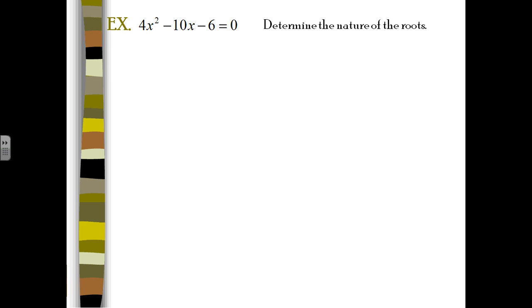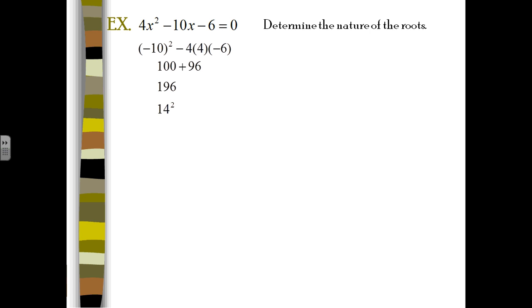So here's an example. They're asking us to determine the nature of the roots, not what they actually are. So we're going to go through and plug in the numbers to the discriminant, b squared minus 4ac. Remember to take all the appropriate signs with you when you plug them in. And you simplify, and we get 196. So right away you're saying, oh, it's positive. I'm going to get real roots.